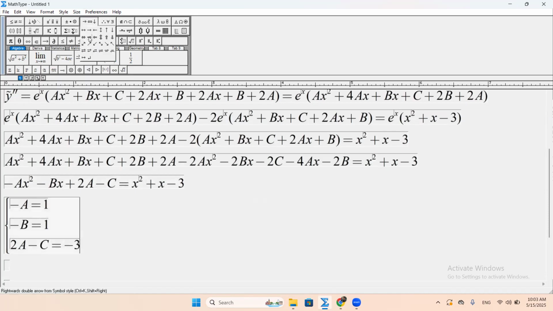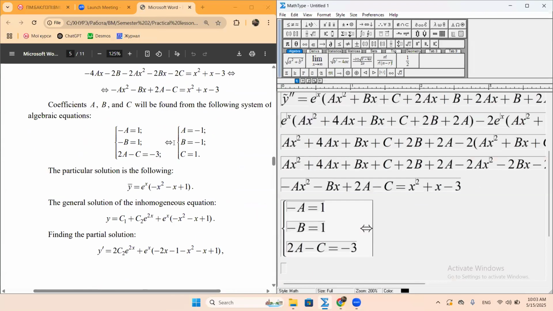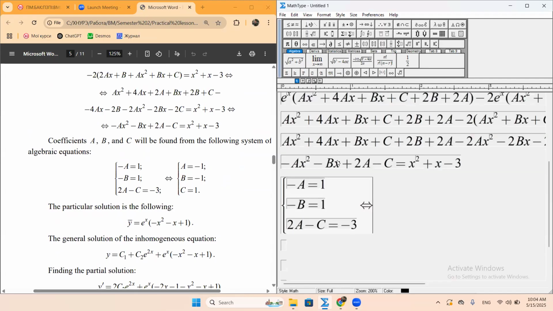Let me check if the system is correct. Yeah, it's correct. So we find that a equals minus 1, b equals minus 1 as well, and c equals 1.